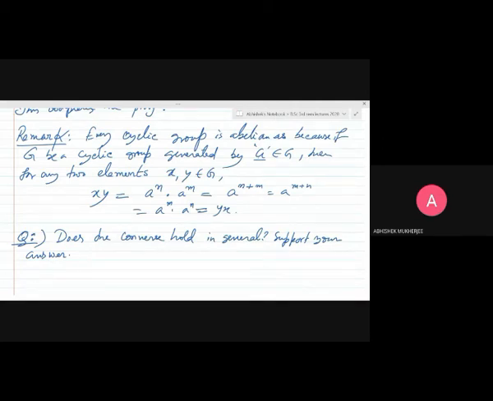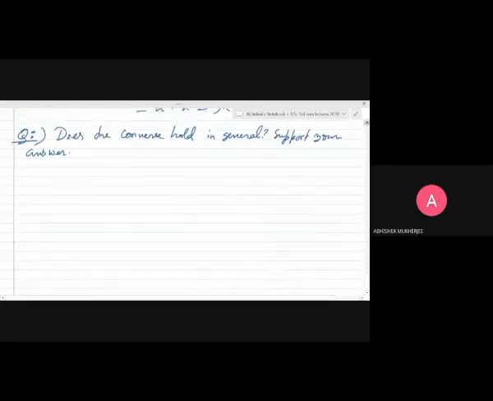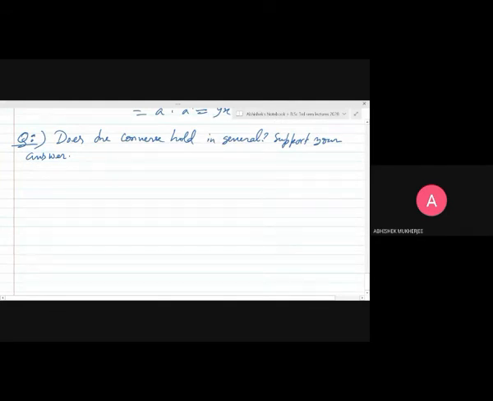That is, every cyclic group is abelian, so the converse will be: every abelian group is cyclic or not. But you can find out that the statement is not true in general. You can find one abelian group which is not cyclic at all. But you need to find out which group, amongst the groups that we have already talked about.